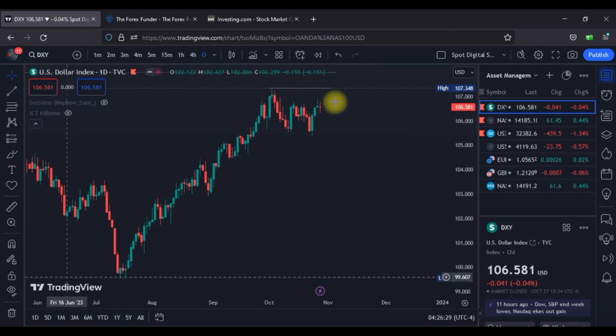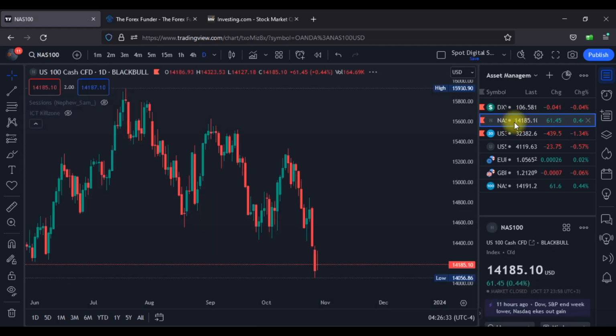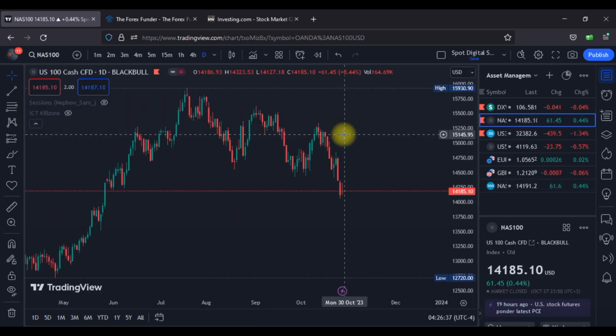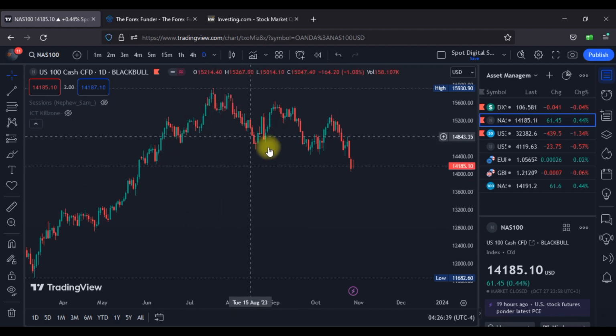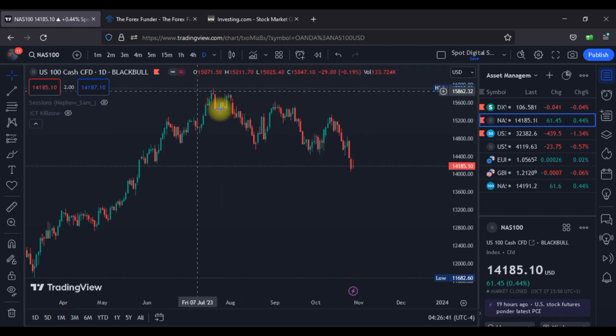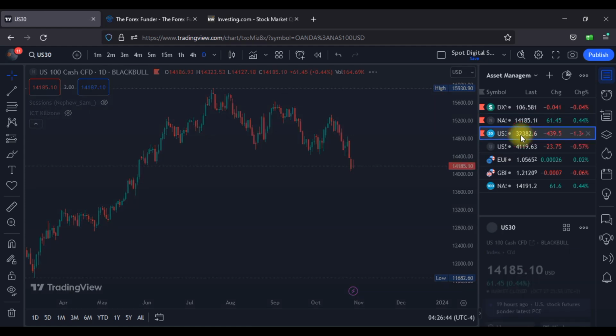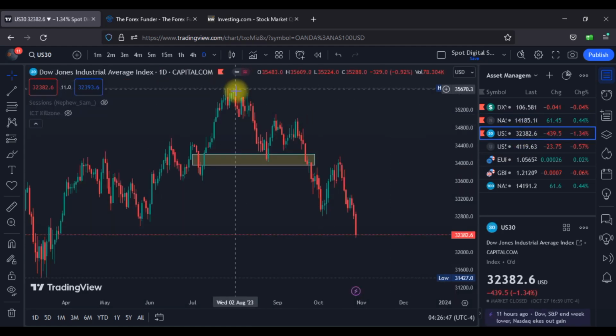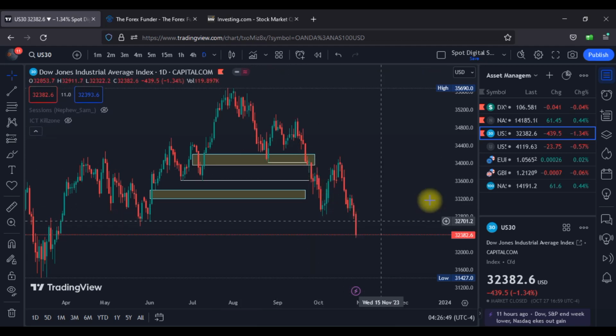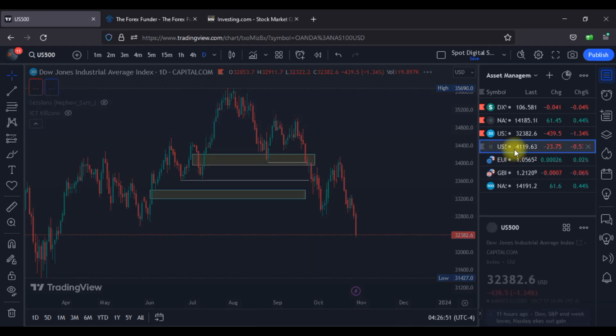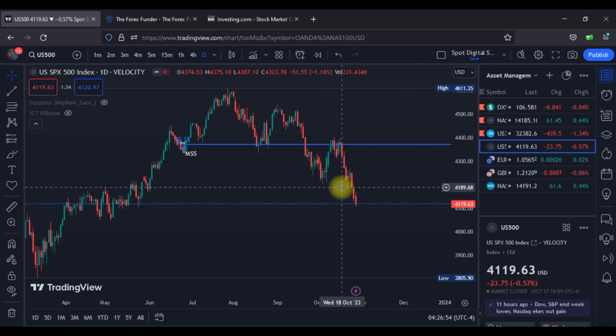So since the dollar index is trending up, we can expect that the likes of Nasdaq will be trending downwards. Although this doesn't look clearly like a downward trend, looks more like a consolidation. But when you open US 30, you see it clearly that it's moving down. Let's check S&P 500. We can also see the same thing.